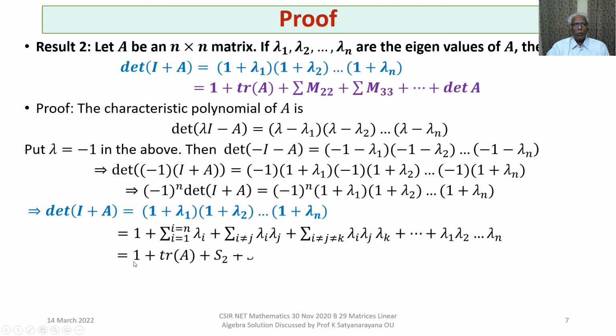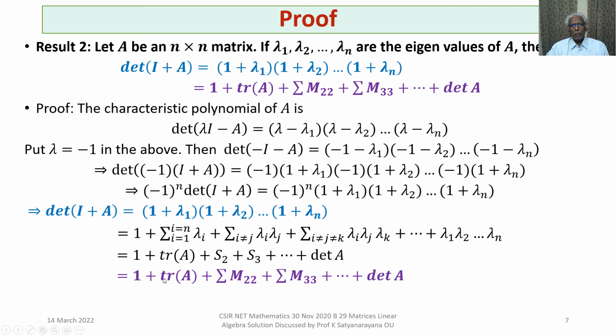That will be 1 plus the sum of all eigenvalues, which is the trace of A, and this is S2, this is S3, and this is Sn, which will be the determinant of A. And we have 1 plus trace of A plus S2, which is sigma M22, plus S3, which is sigma M33, plus etc., plus the determinant of A, and this we are writing from the earlier slide.